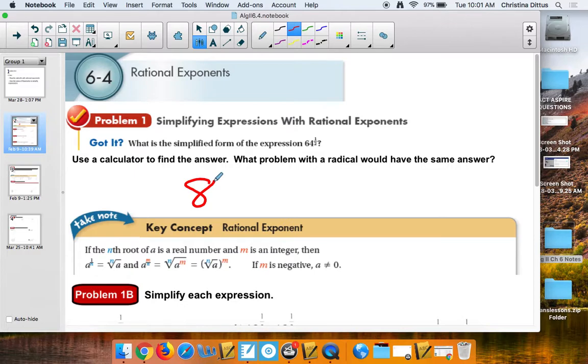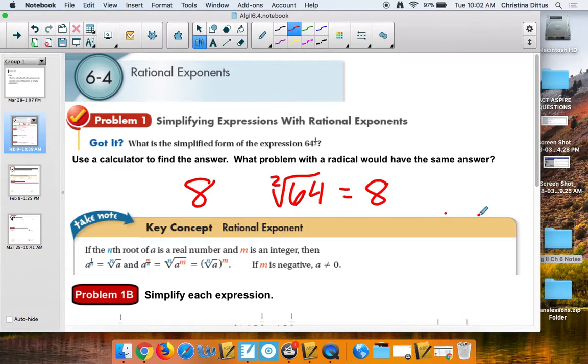The square root of 64. Isn't the square root of 64 also 8? Yes. What is my index of a square root? 2. You see any common things with 64 to the 1/2 power and the square root of 64?